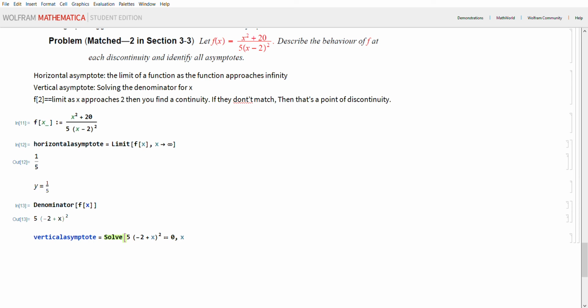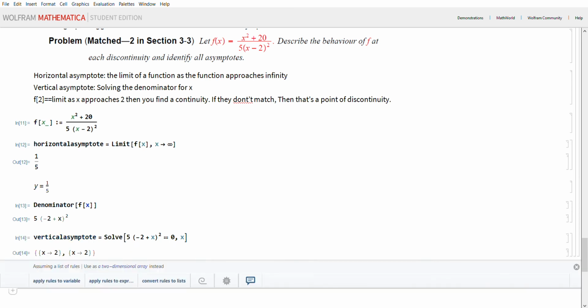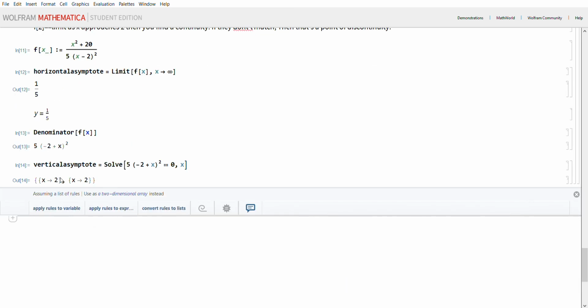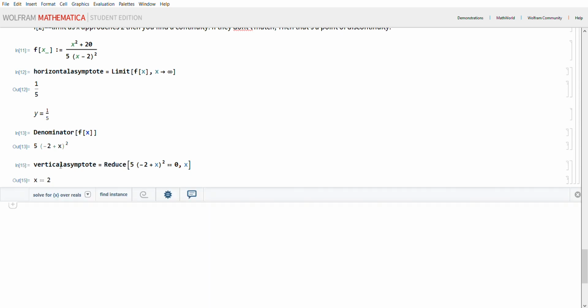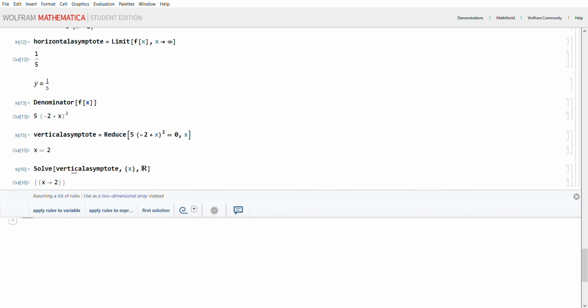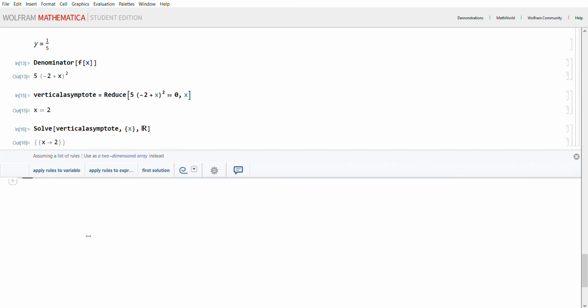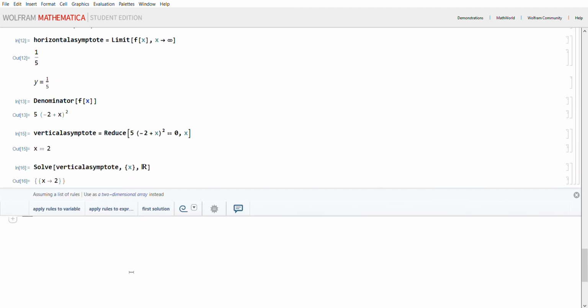You can notice how the x turns from blue to green, because now it's going to be the product of a command. Go ahead and press shift enter, and this here is your vertical asymptote, x equals 2. If you're confused why it gives you two 2's and they're both positive, if you do the Reduce command instead, you'll see it will just give you x equals 2. It also suggests that you can solve x over reals. If you do that, you will get x equals 2, which is your vertical asymptote.